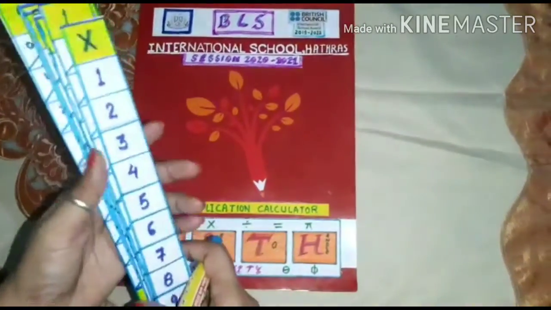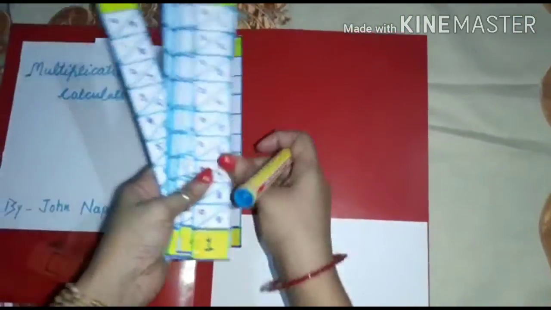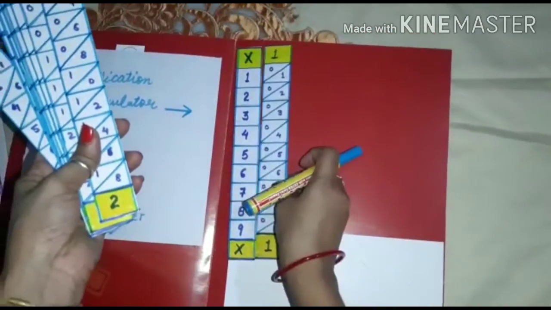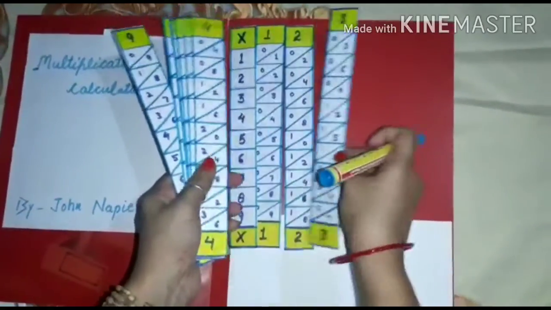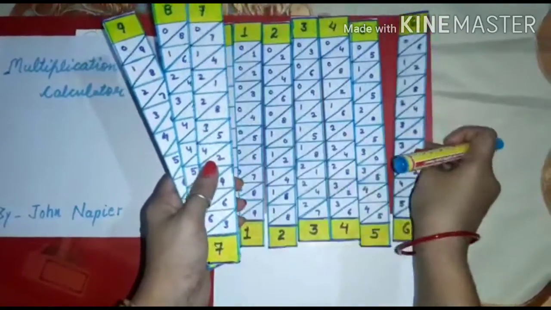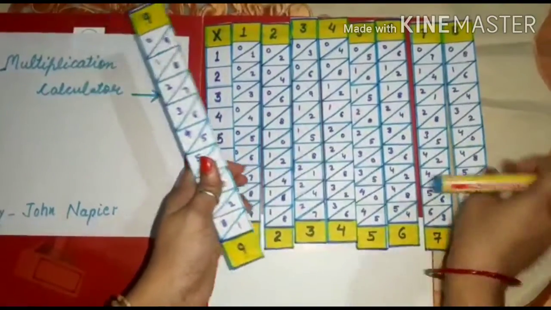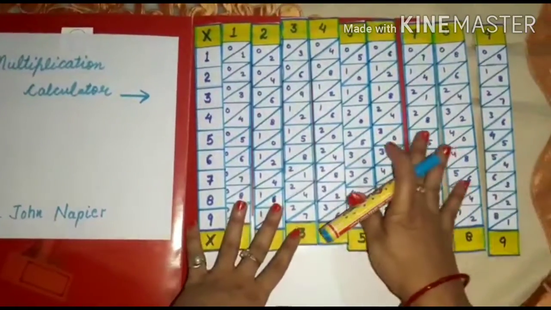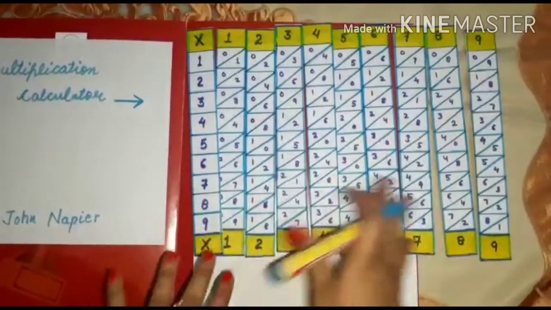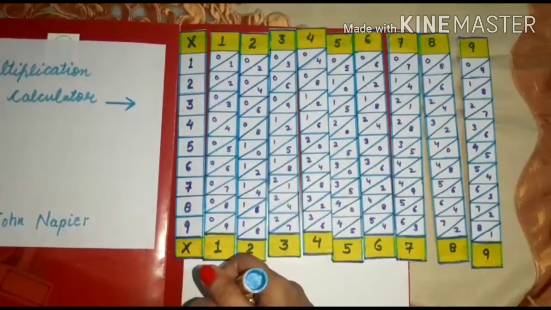And these are my cards which I have prepared, which we are going to use while doing multiplication. All these are homemade and very easy to prepare, so you can also prepare them. Now with the help of these cards, we are going to understand how to multiply.